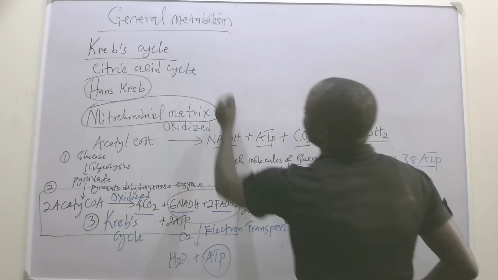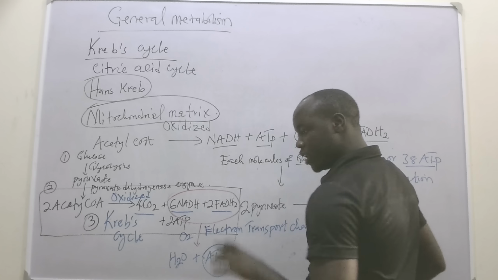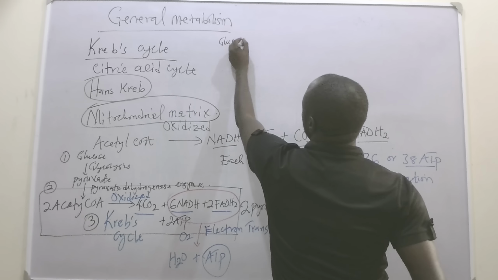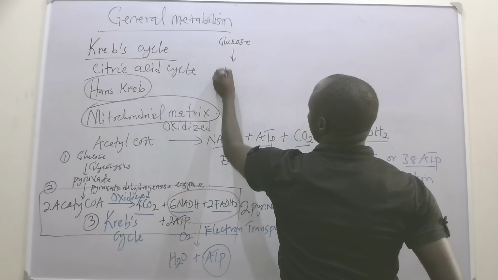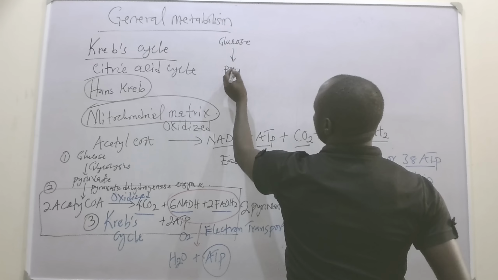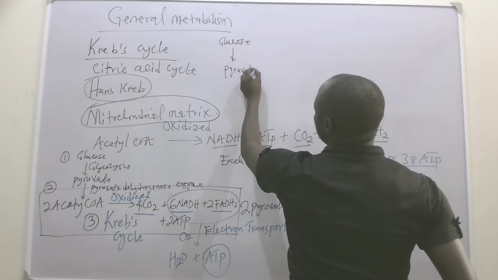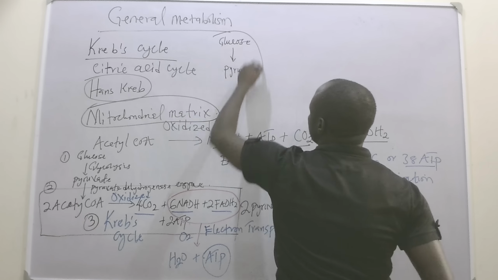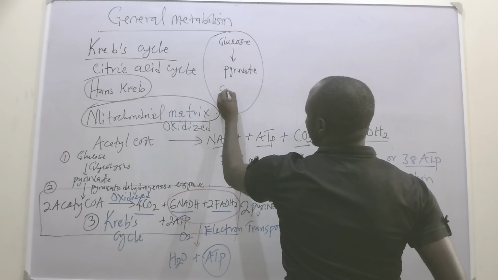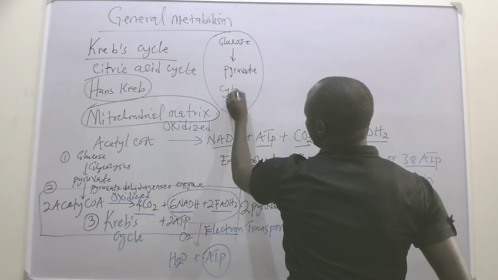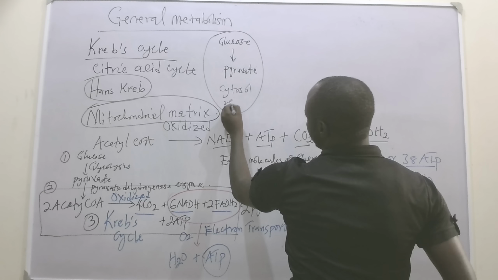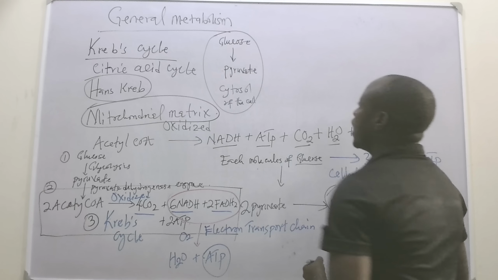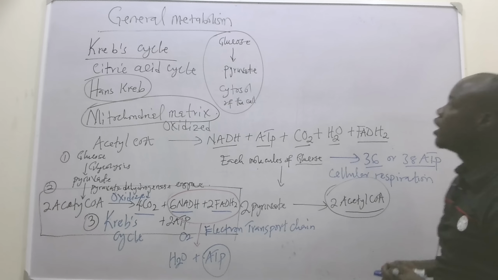First, remember, the first thing that happens during cellular respiration is the conversion of glucose to pyruvates. And this conversion of glucose to pyruvate is all taking place in the cytosol of the cell.